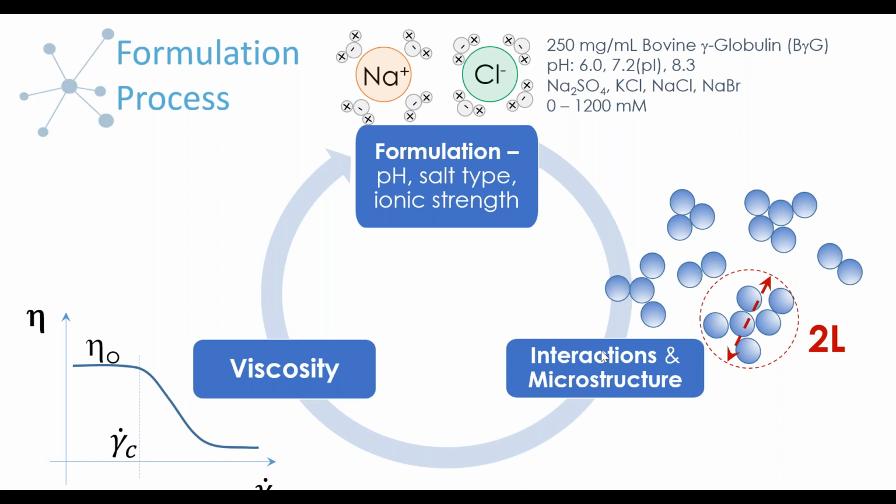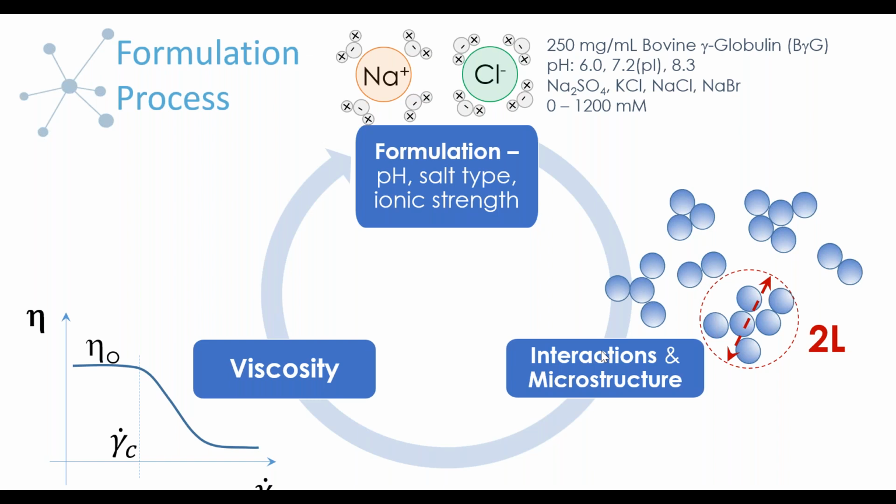the formulation. And as my picture is hinting at, the systems that we are analyzing are expected to have attractions and also expected to form clusters or aggregates. So that's the type of microstructure that we're going to be talking about today. And so as you change the formulation and you change these interactions and the microstructure that is set up, the viscosity measurement, particularly when we look at shear rate dependence, can really give you a lot of information about what's happening.